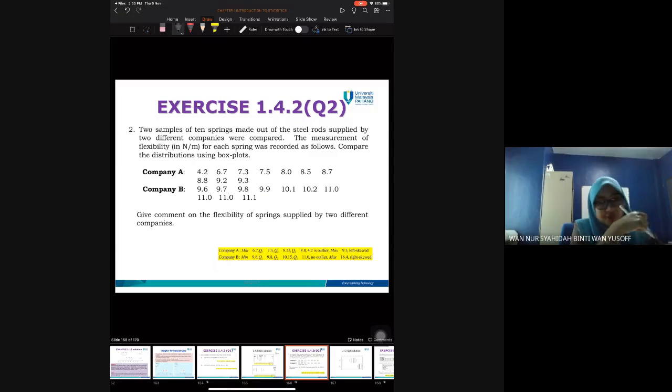I asked you to do question 2 here, hopefully that you have already done it. I will not touch on how to construct the box plot, that's yours. We go to how to interpret the box plot, how to answer this question. First thing, what is the variable of this data?